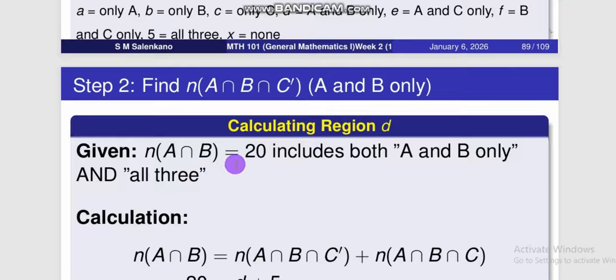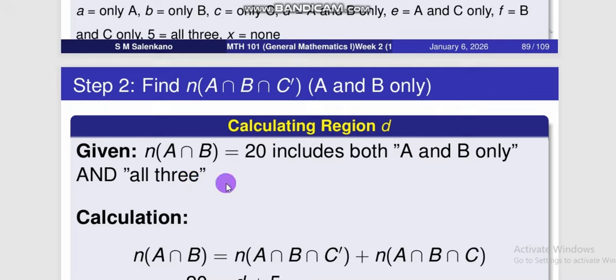This number that we are given for those who read A and B, that is n(A ∩ B), this 20 that we are given as the intersection of A and B, it includes A and B only and all the three.